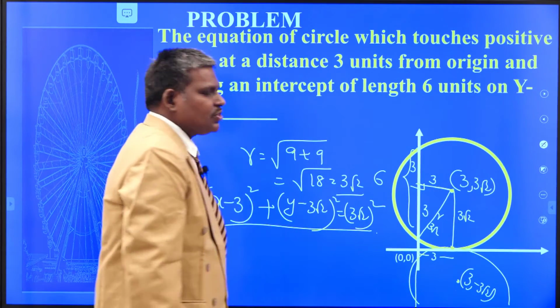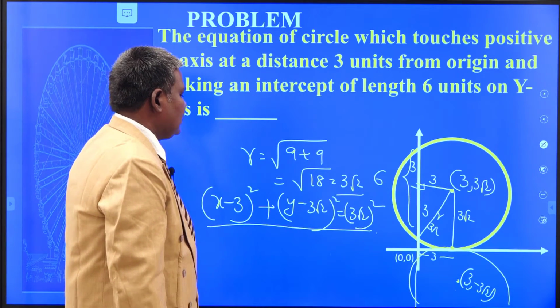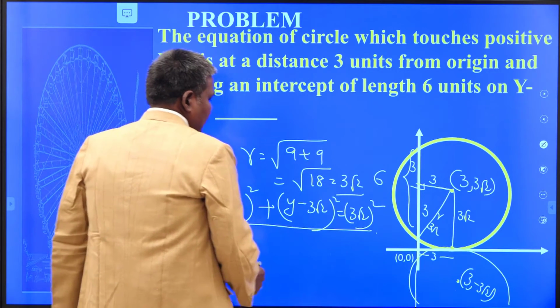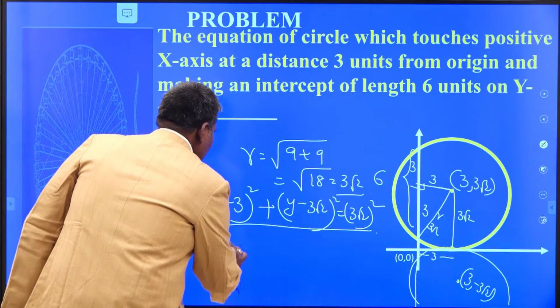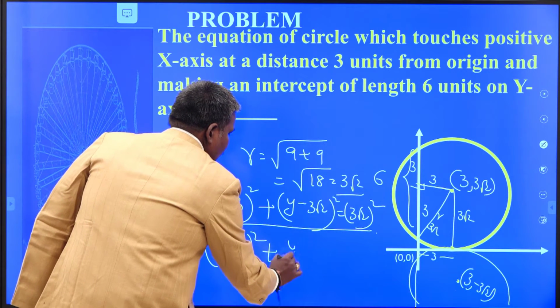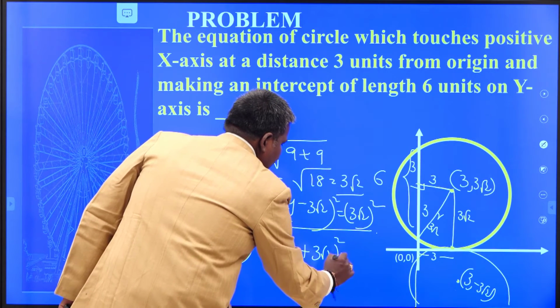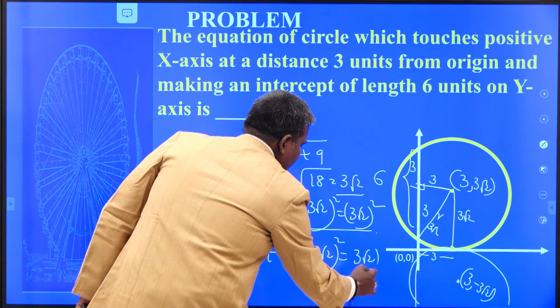(3, minus 3 root 2) is the other possibility for the center of the other circle, having the same radius 3 root 2. So what is the other equation of the circle? That is (x minus 3) whole square plus (y plus 3 root 2) whole square is equal to (3 root 2) whole square.